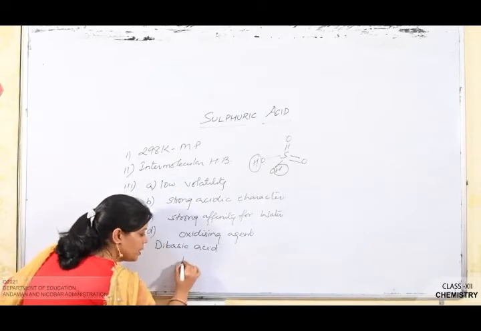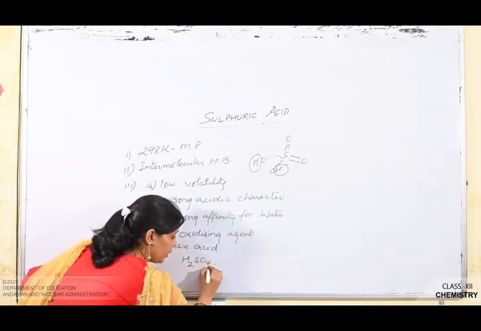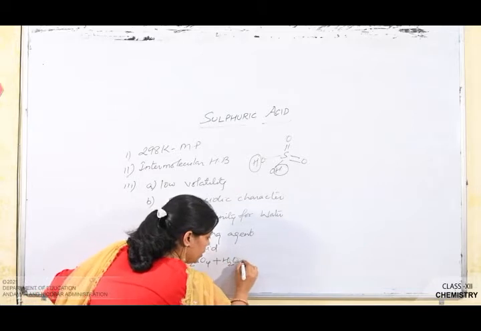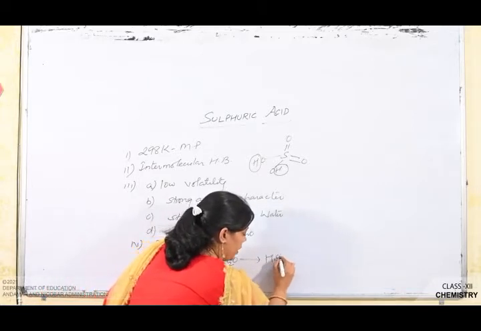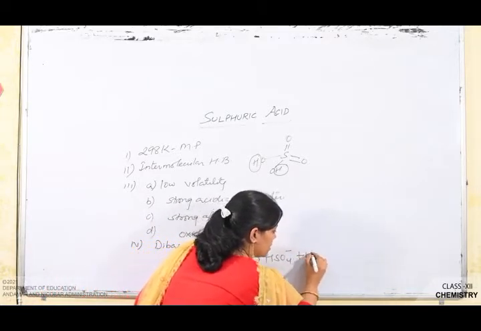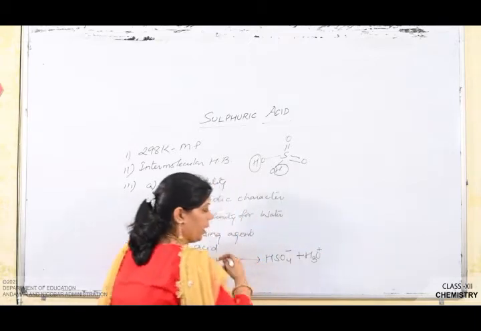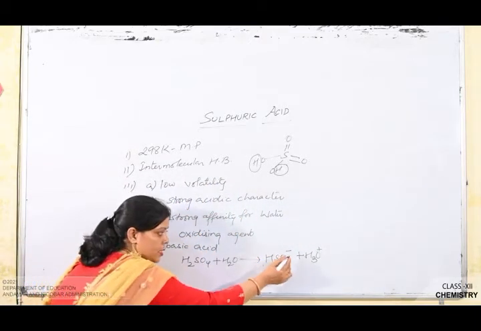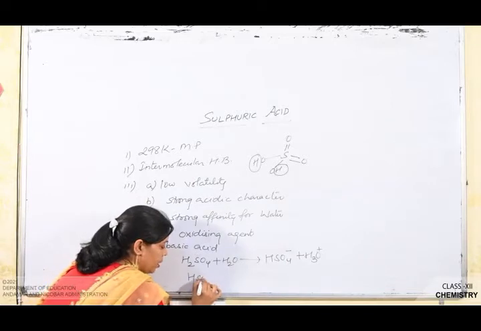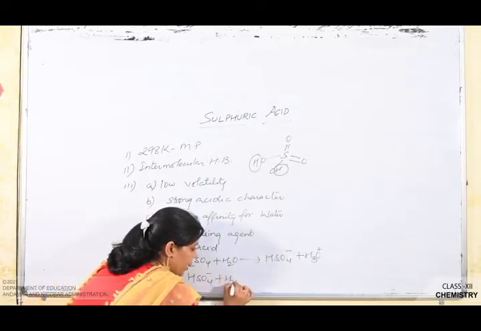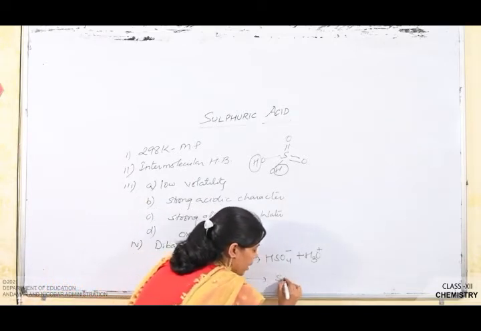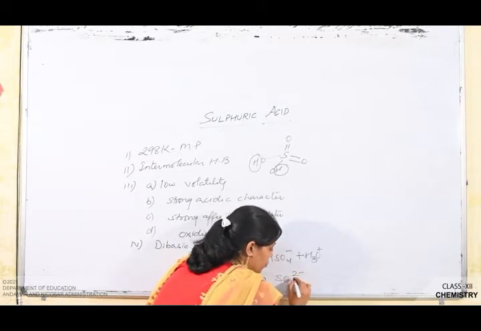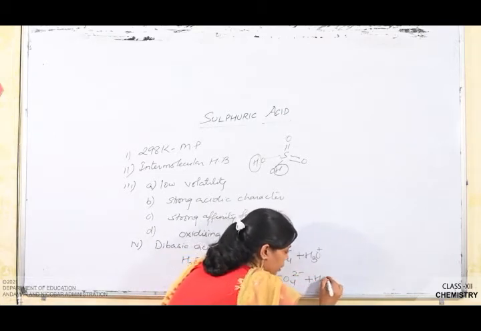That's why when sulfuric acid is treated with water, it gives HSO4 negative plus hydronium ion. Next, this HSO4 negative combines with another water molecule to again liberate the H plus ion and convert into SO4 2 negative plus H3O positive.